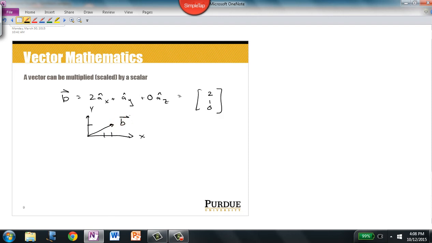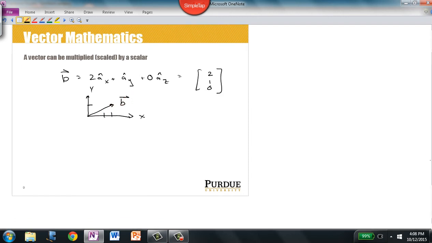Now let's multiply the B vector by a scalar quantity. By scalar, we just mean something that's got a magnitude. So 3 would be a perfectly allowable scalar. 3 times B is just going to be 3 times 2 a hat x plus a hat y, so that's 6 a hat x plus 3 a hat y.